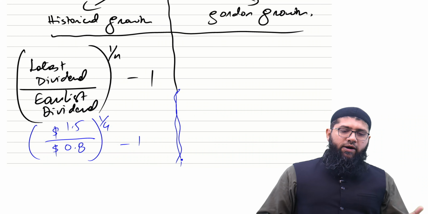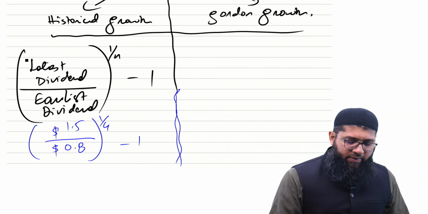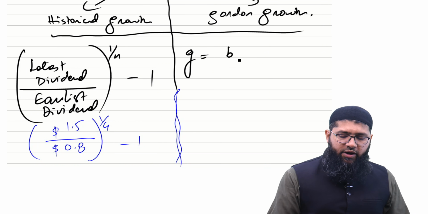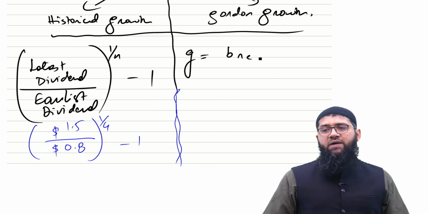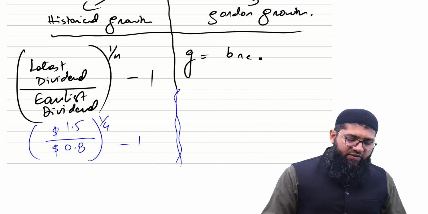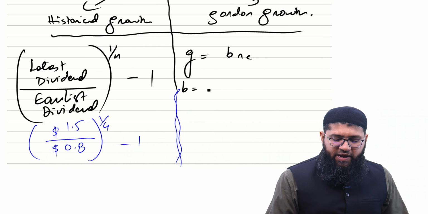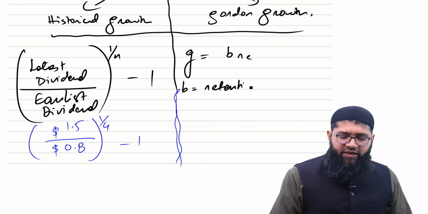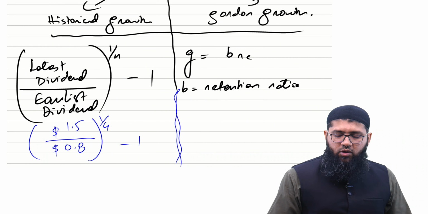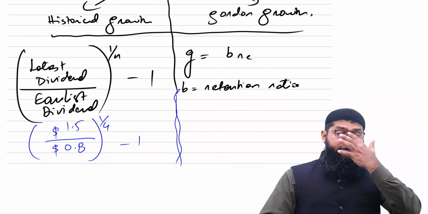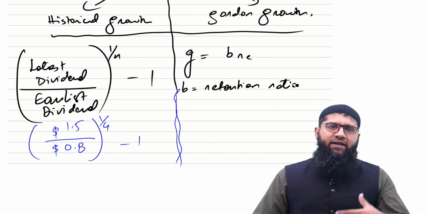If we talk about the Gordon growth model, the formula is G equals b r e. What exactly do we mean by G equals b r e? b is called the retention ratio, which is the proportion of the profits that are retained in the business.